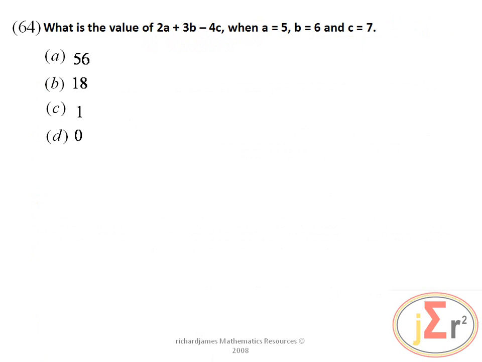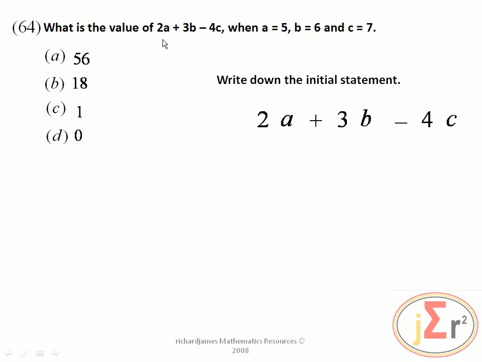What is the value of 2a plus 3b minus 4c when a is 5, b is 6, and c is 7? Write down the initial statement of the problem. There we have 2a plus 3b minus 4c as indicated right here.